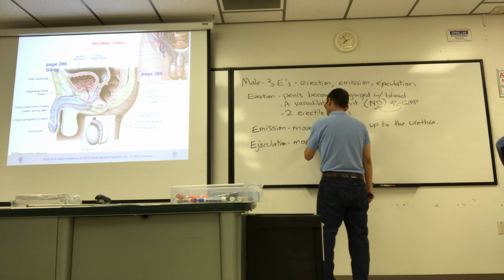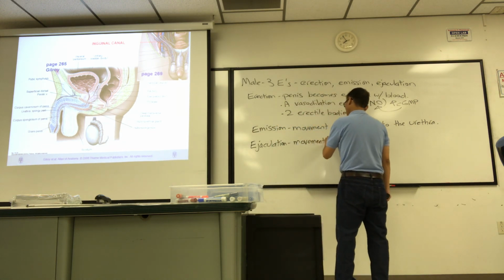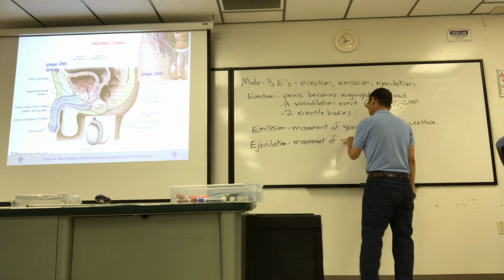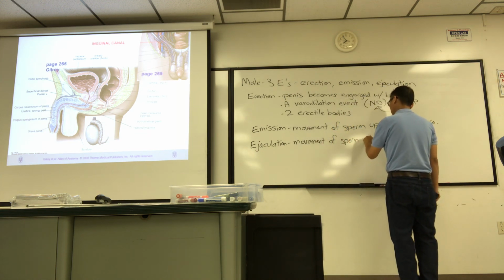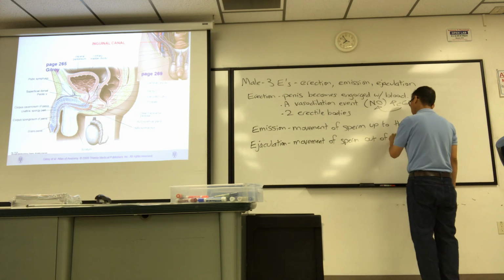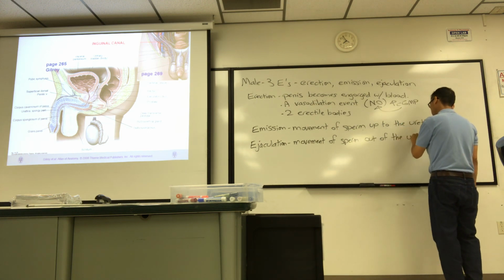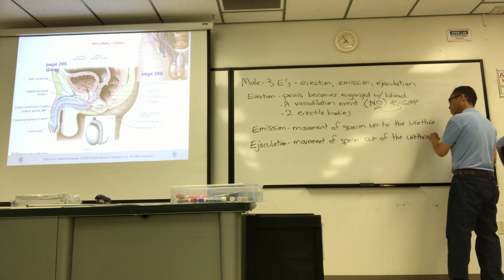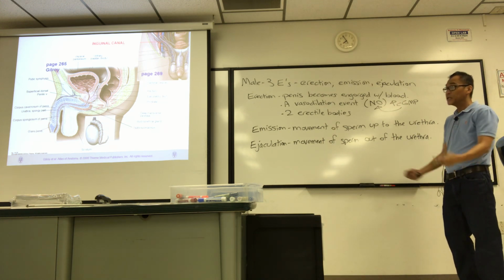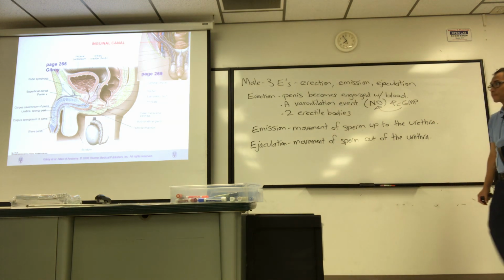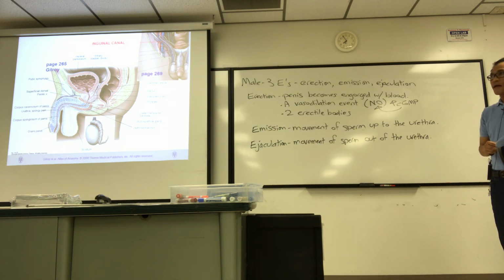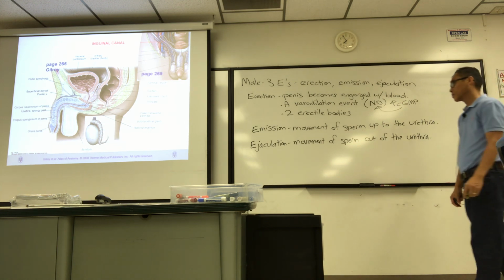Ejaculation, movement of sperm out of the urethra and into the female reproductive tract. And since I already mentioned the bulbospongiosus, that's one of the things that provides the expulsive force for ejaculation.